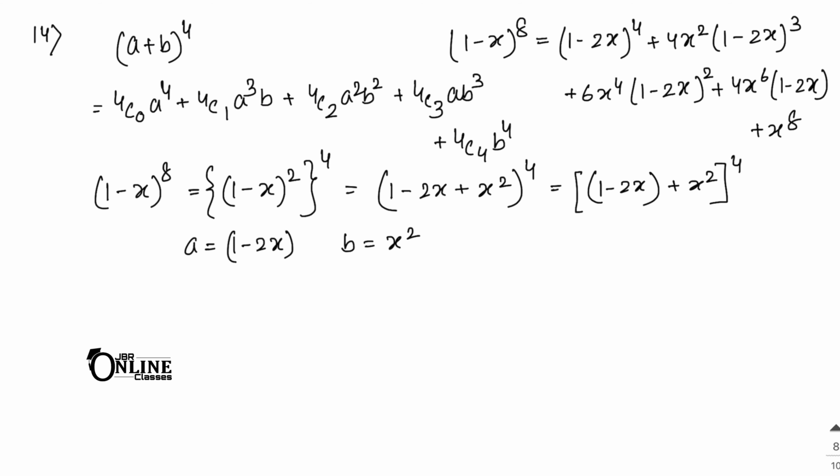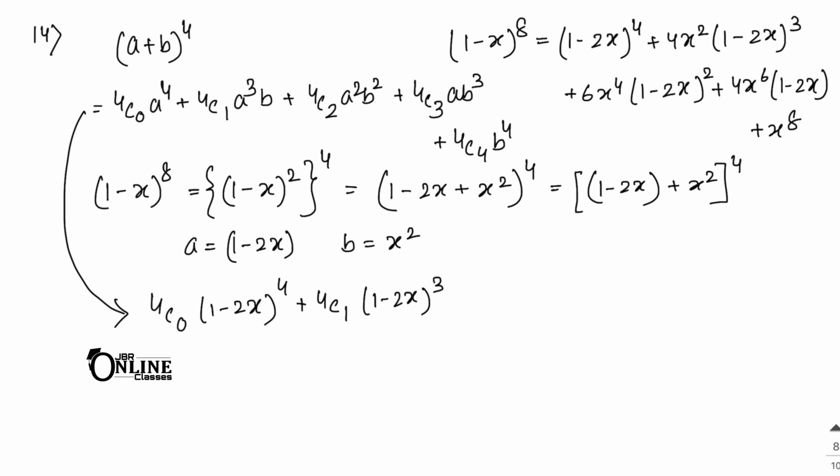Okay, then from this expansion a plus b whole to the power 4, just write down 4c0, then 1 minus 2x whole to the power 4. After that 4c1, then 1 minus 2x whole cube, and then b means x square.